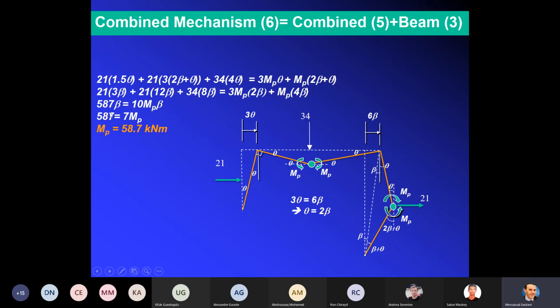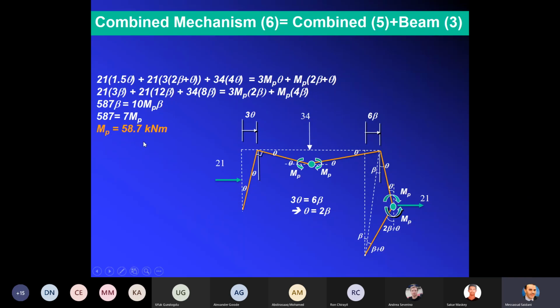And therefore, you can simplify now. That becomes 3 times 2, 6, plus 4, 10. And this here, when you multiply 21 times 3 plus 21 times 12 plus 34 times 8, gives you 587 beta. Simplify beta and beta.